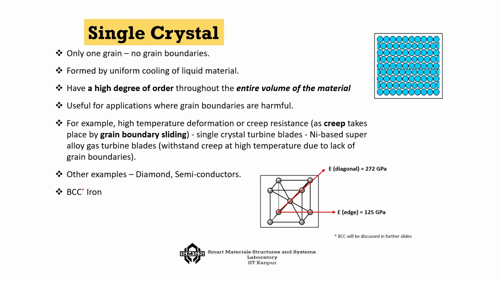Now, in a crystalline structure you may have a single crystal, which has only one grain, with no grain boundary, and you can obtain that if you can completely control the cooling process of a liquid material. You have to do this cooling very slowly, allowing the material to form a highly ordered structure.